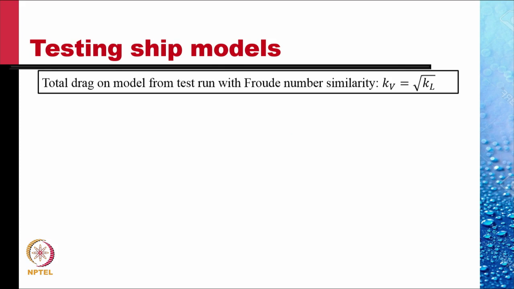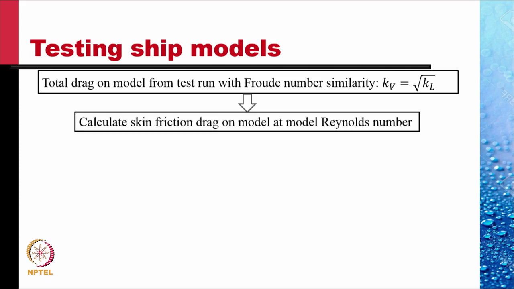So how are the ships tested? We find the total drag on the model from a test run with Froude number similarity. So we use a Kl which could be pretty large and run the test at a velocity given by the scale factor Kv equal to the square root of Kl, and determine the total drag.